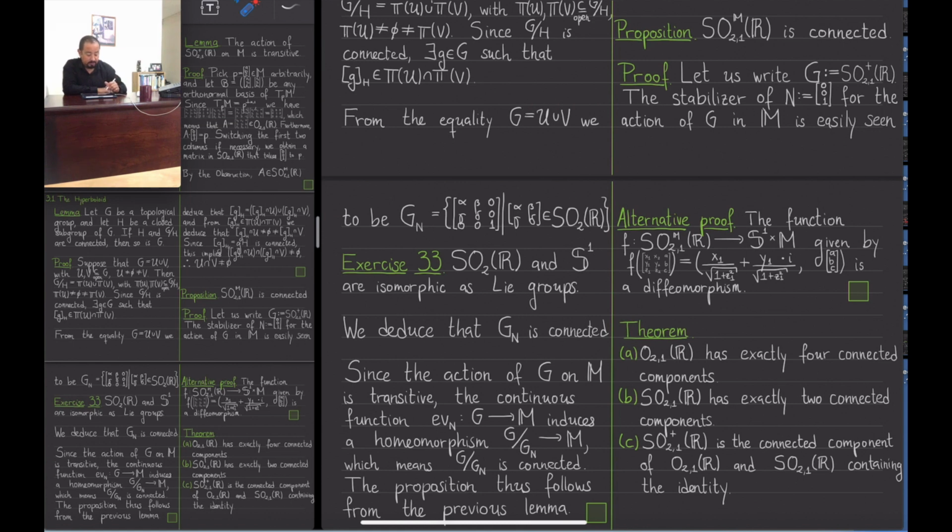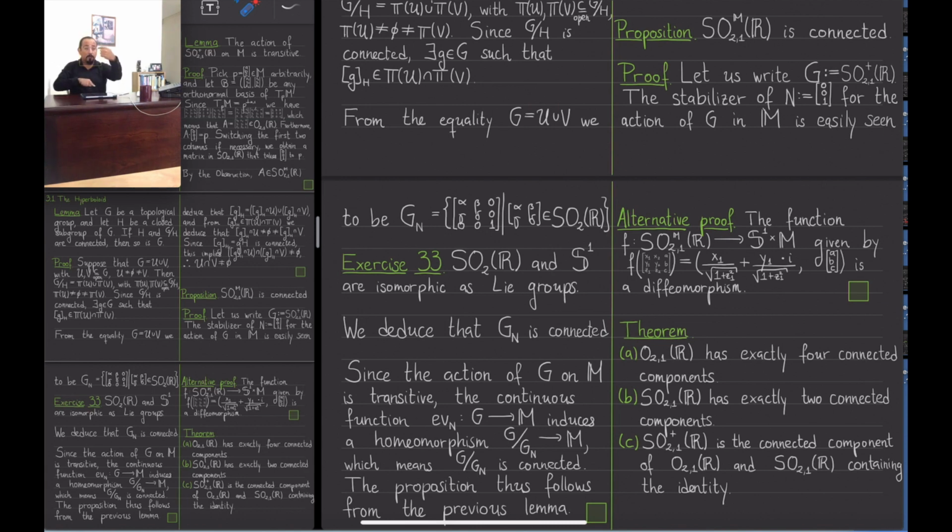That's not the case. Let me give some intuition as to how many connected components, which here I'm saying 4. At least I already have determinant 1 and determinant minus 1. But determinant 1 can exchange the two sheets of the hyperboloid.